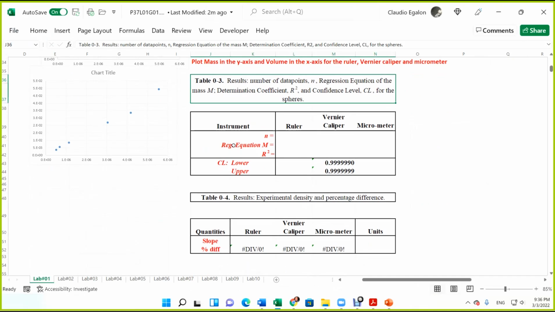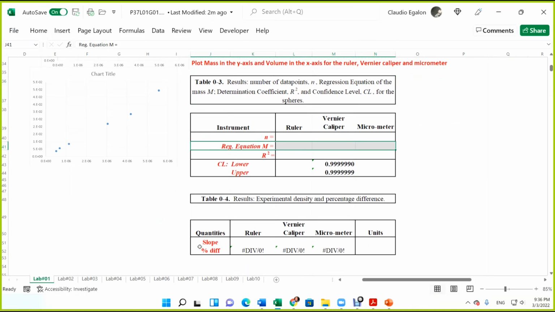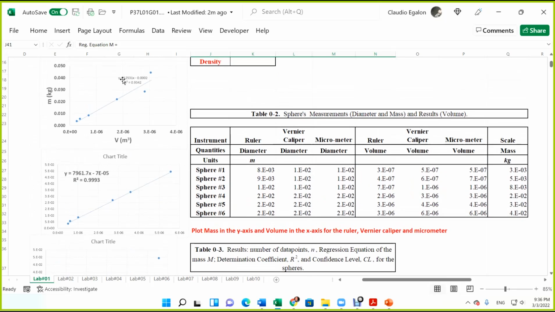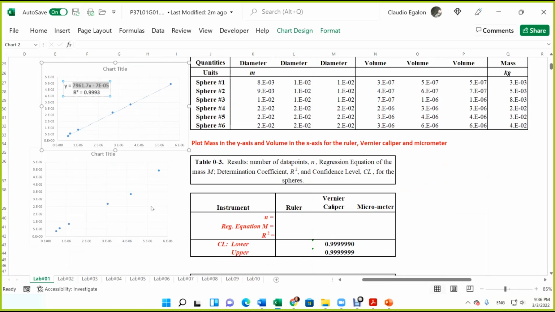Here is the regression equation. This one is for the ruler, this one for the vernier caliper, and this other one that I didn't do is for the micrometer. You copy it and paste it here. The y is the m, the x is the v. That's why I put m equal to. It's an equation. Okay, thank you.